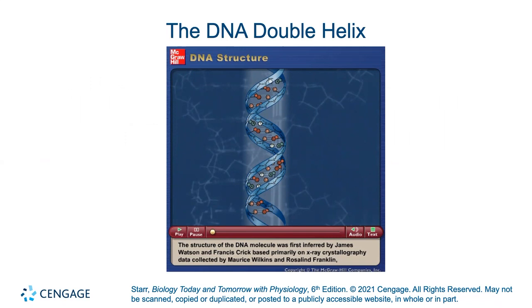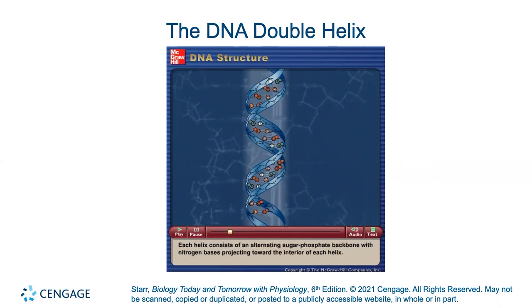The structure of the DNA molecule was first inferred by James Watson and Francis Crick, based primarily on X-ray crystallography data collected by Maurice Wilkins and Rosalind Franklin, and chemical analysis of base composition of DNA conducted by Irwin Chargaff. The key features of the structure are its right-handed double helical structure.